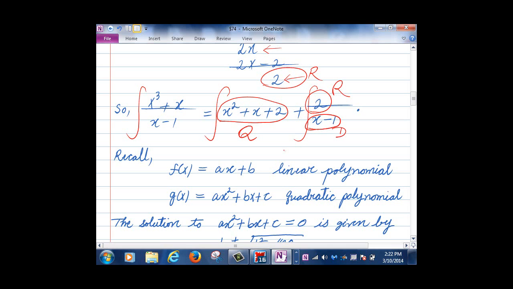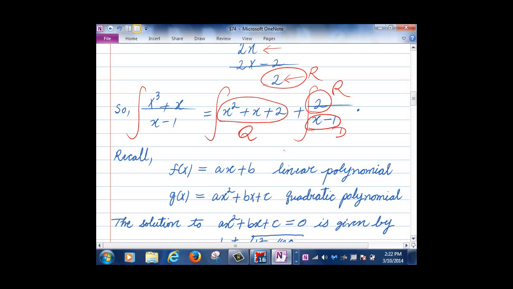So we are giving them names. We don't know how to integrate improper fractions unless we write them in terms of proper ones. So we are just giving them names, okay?